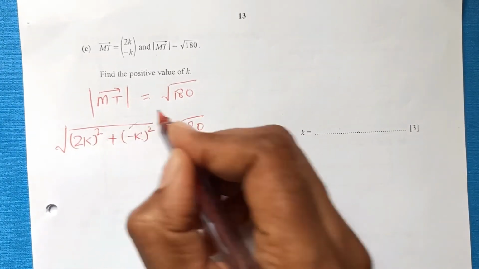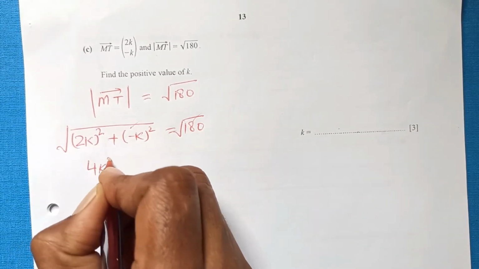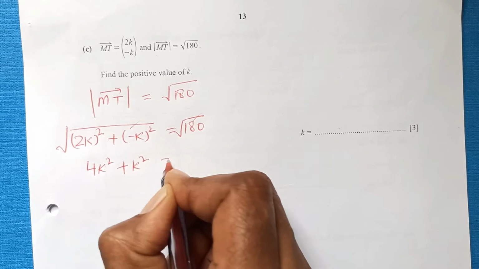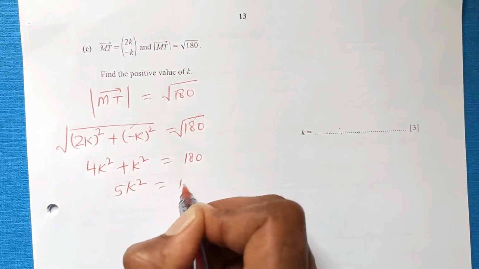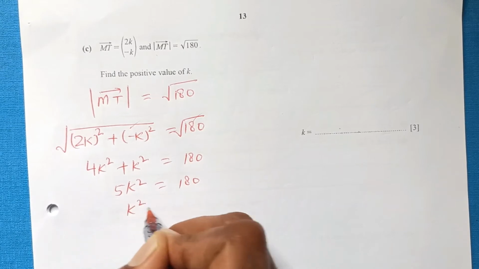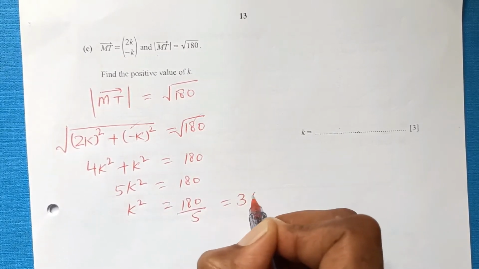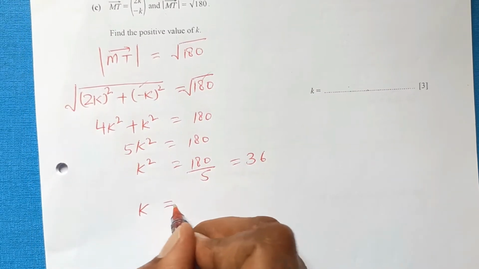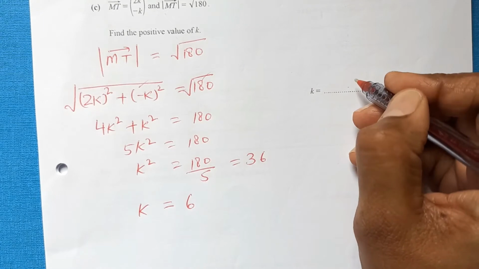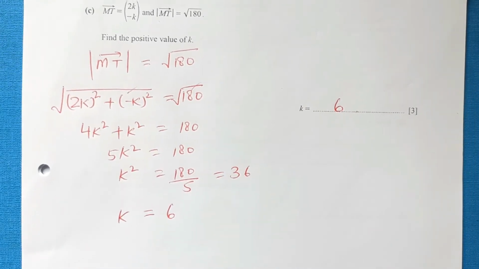Squaring both sides, we get 4k squared plus k squared equals 180. So 5k squared is 180, k squared is 180 over 5, which is 36. So k will be 6. The value of k is 6.